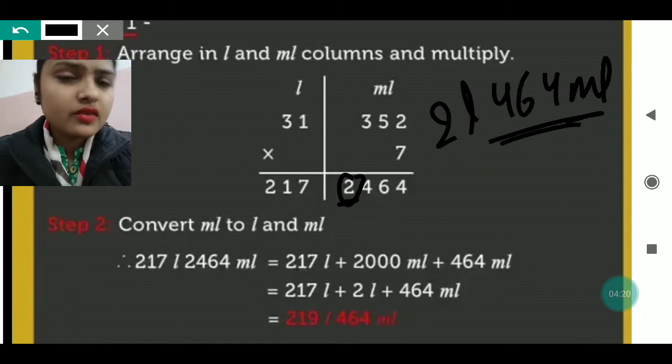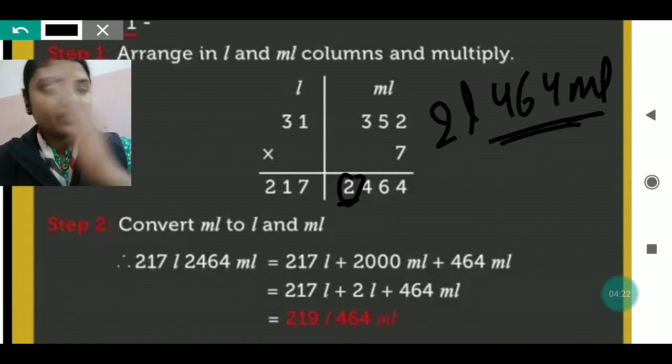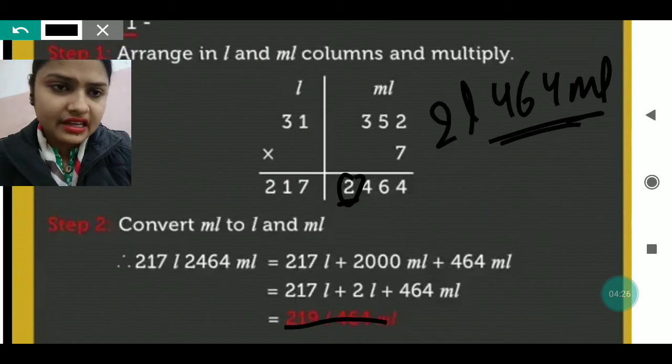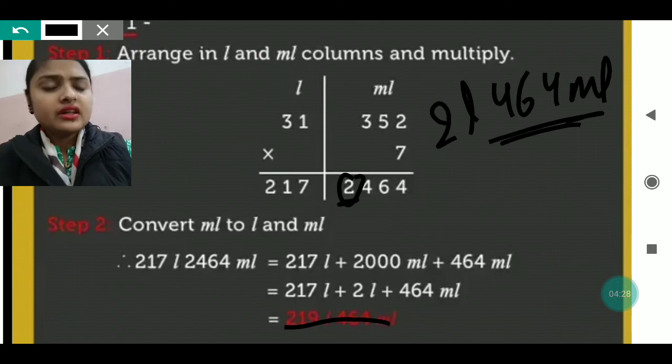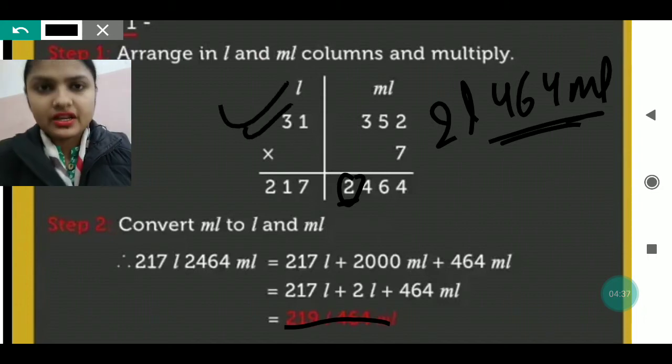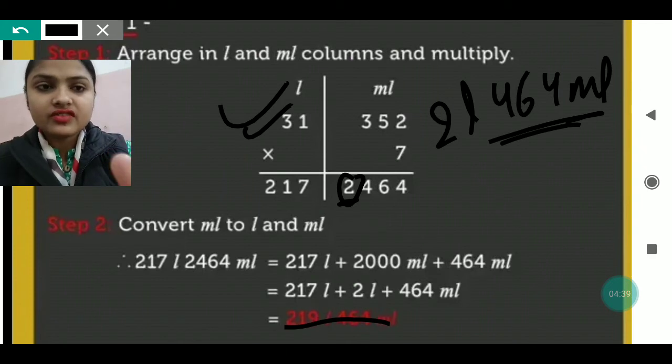The milliliter part we leave like that and the liter part we carry, and that carry is added to the last one. But I have not done it in that way because I think it's lengthier than what I am explaining. The way in which I have explained to you is much easier than the way which is given here.